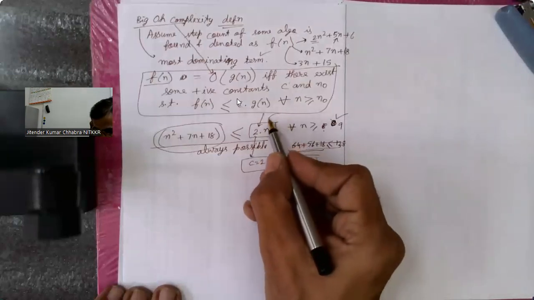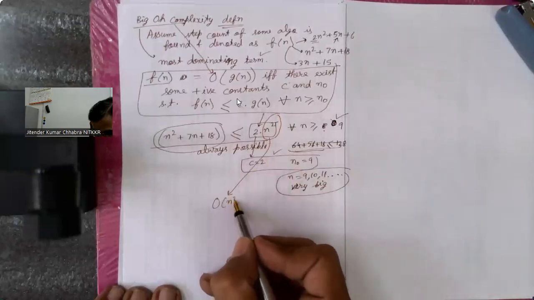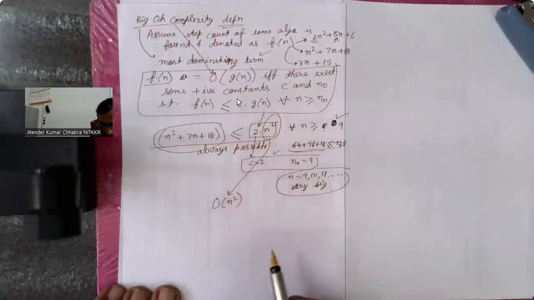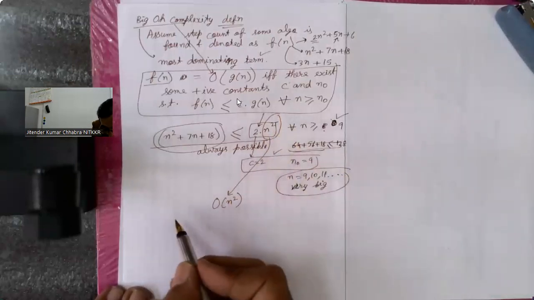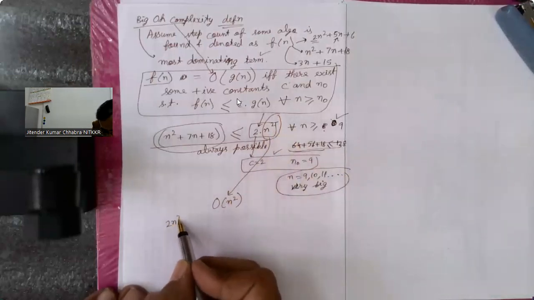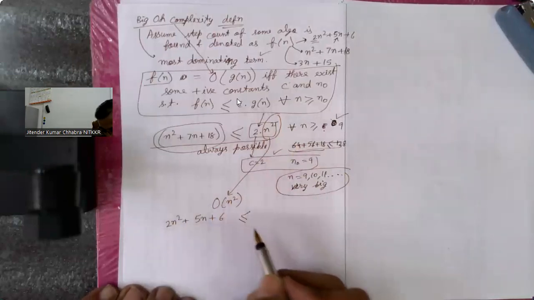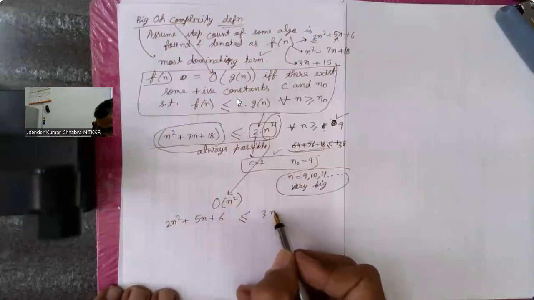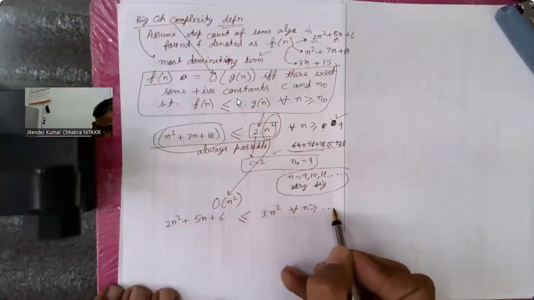If so, then I say my time complexity is order of n square. The basic purpose of all this is to find the most dominating term. Similarly, for 2n square plus 5n plus 6, I will be able to say this is less than or equal to 3n square for all n greater than some value.